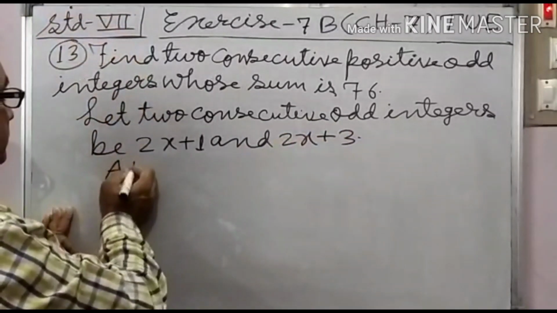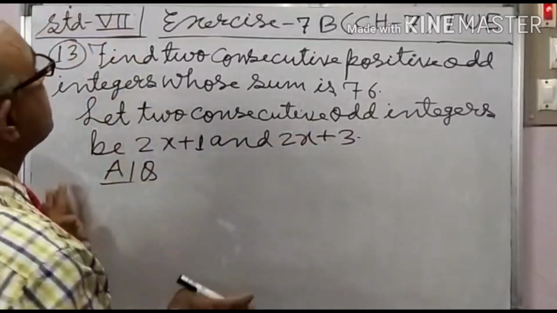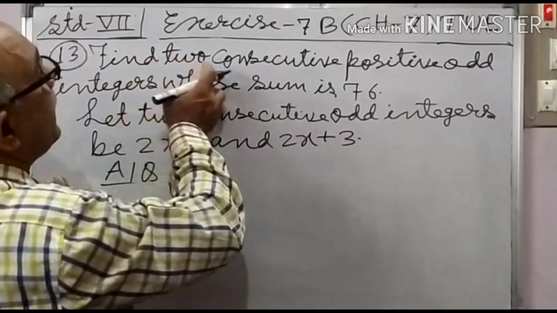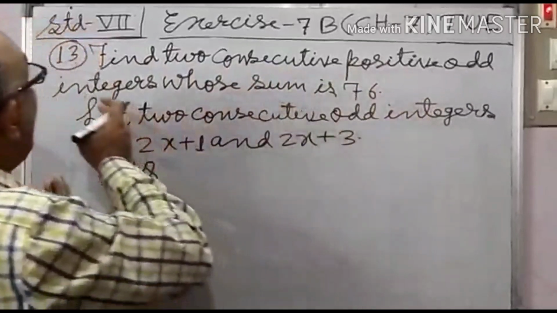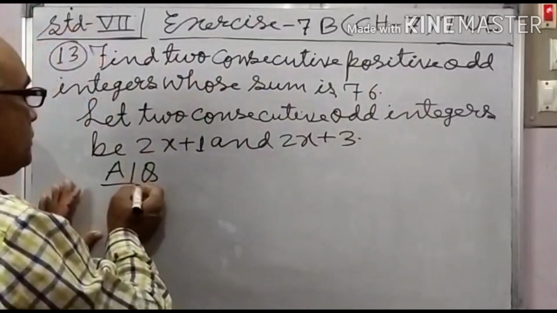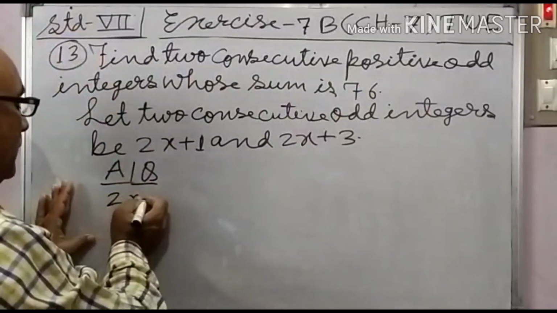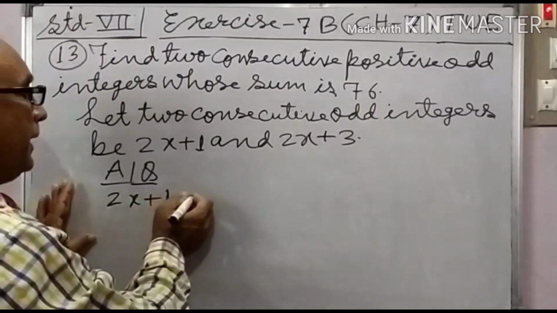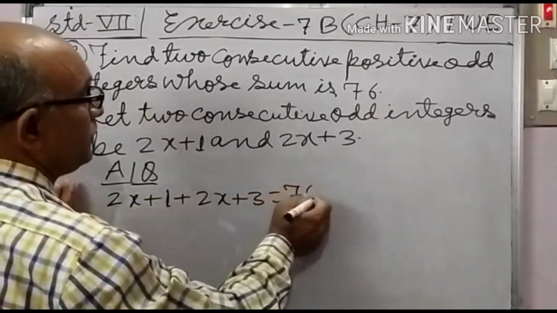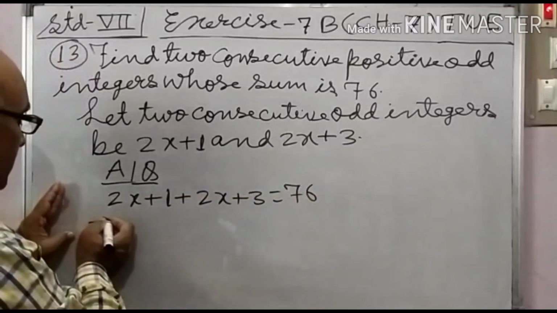According to the question, students, find two consecutive positive odd integers whose sum is 76. So 2x plus 1 plus 2x plus 3 equal to 76. Now solve it.